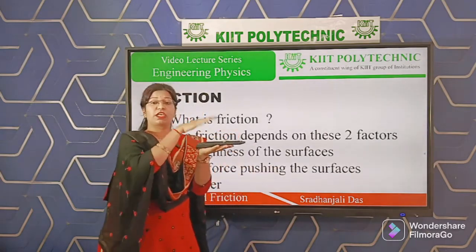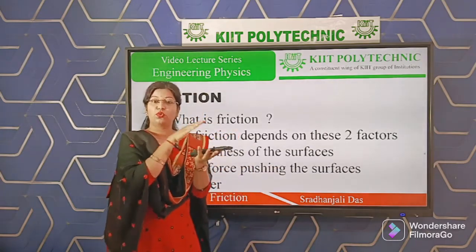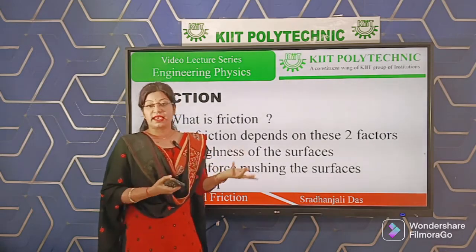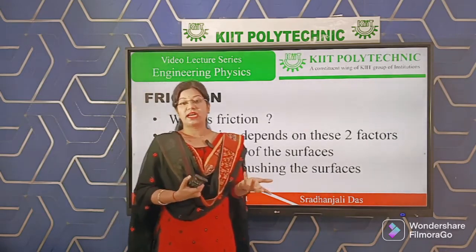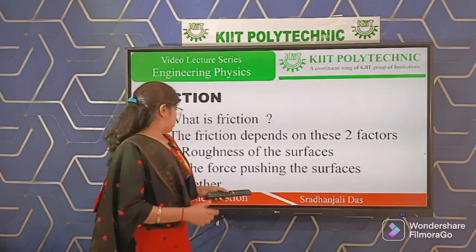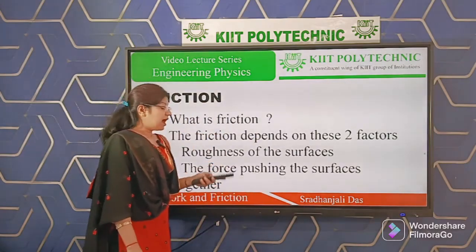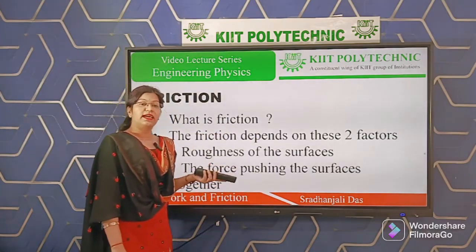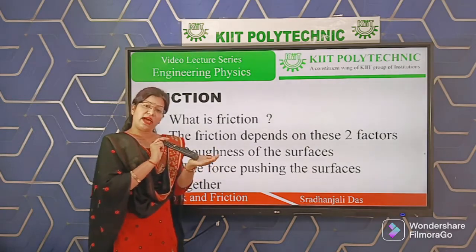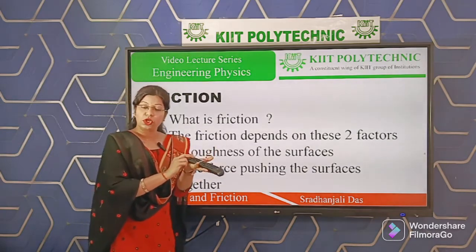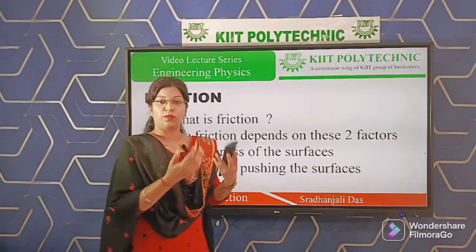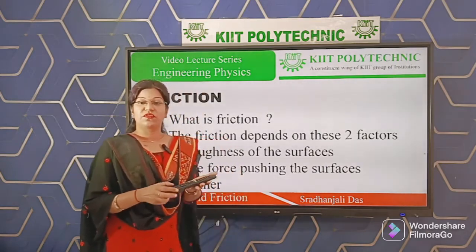Since there is a requirement of two bodies or two surfaces, we can say friction is always a contact force. And when a body moves over another surface, the force which opposes the motion of the body, we call force of friction.